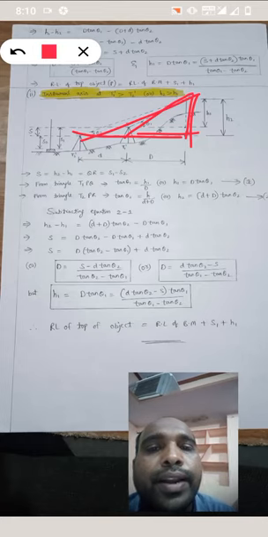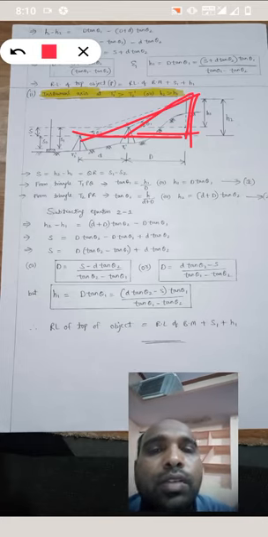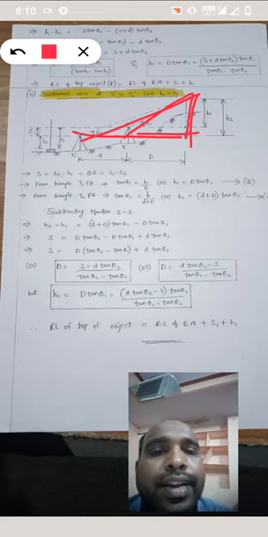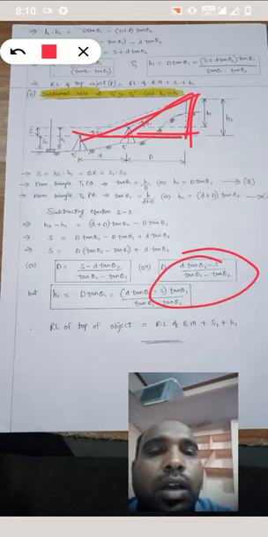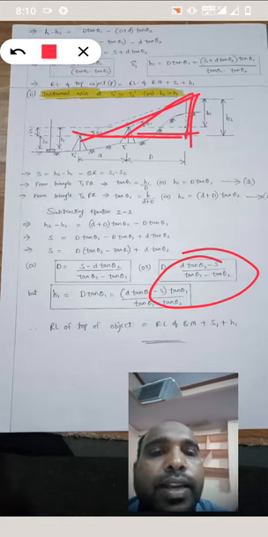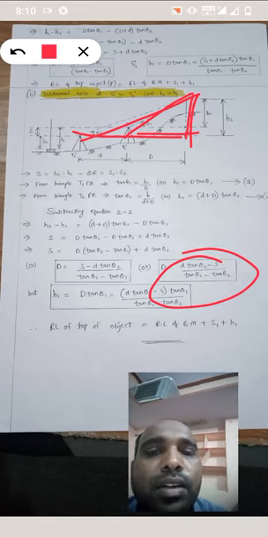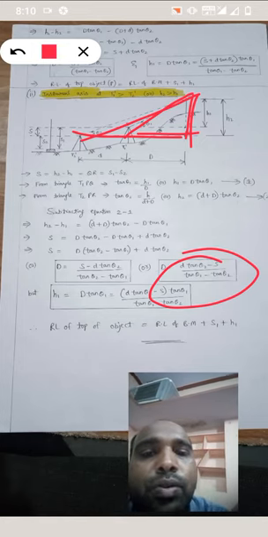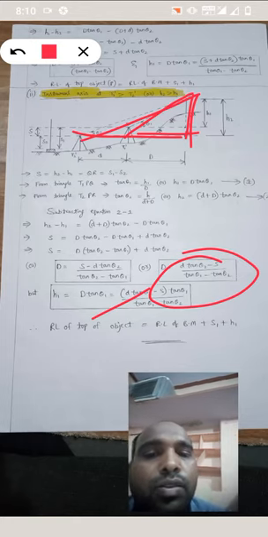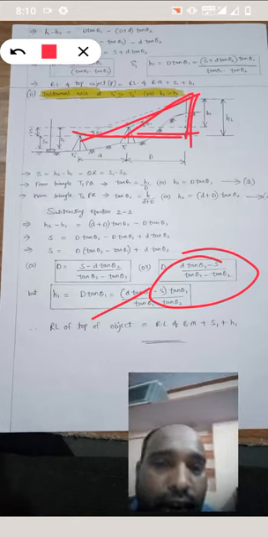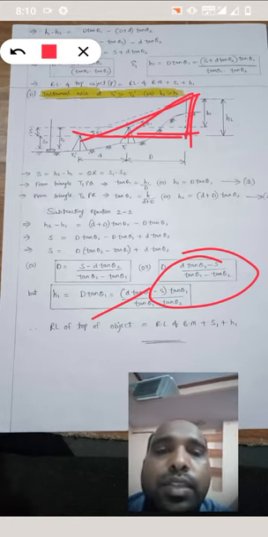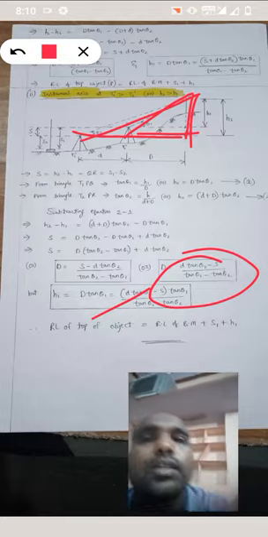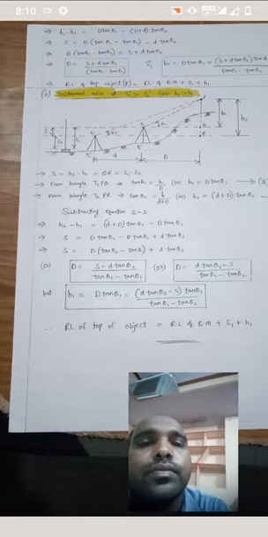By subtracting 2 and 1, we will get D equal to S by tan theta 1 minus tan theta 2. Finally, H1 equal to D tan theta 1. Substitute this D in this formula. Finally, RL of top of the object equals RL of benchmark plus S1 plus H1. So this is the solution.